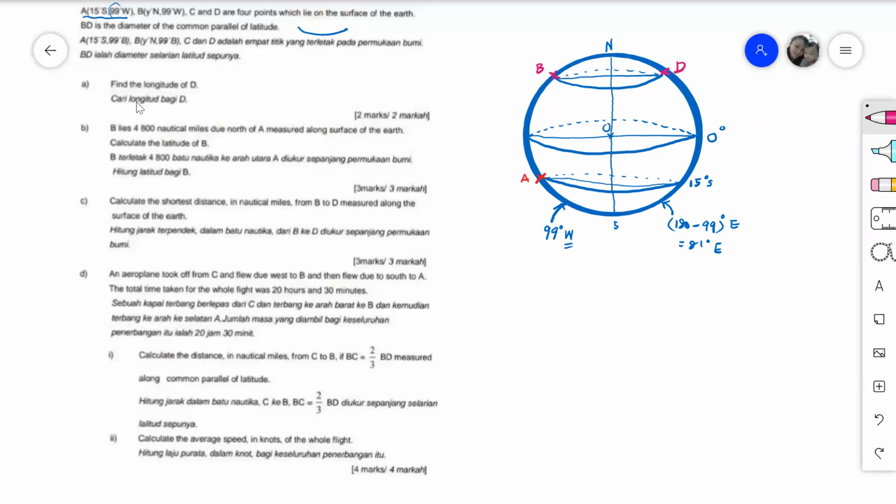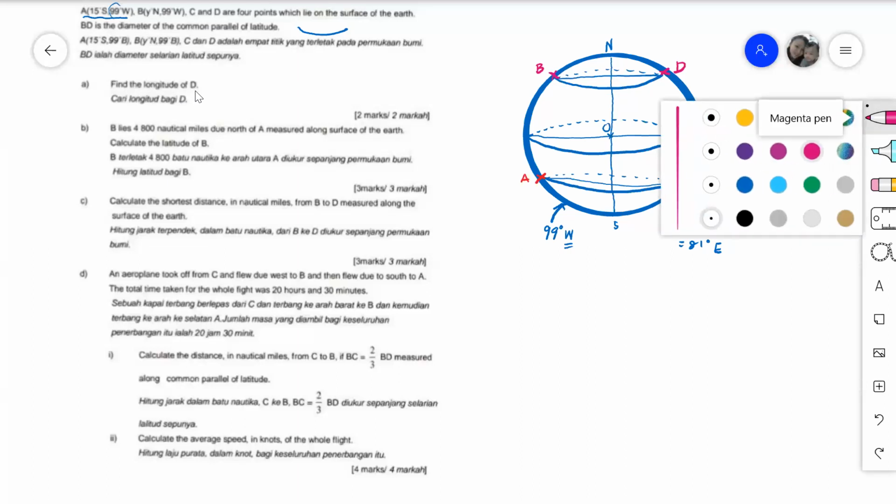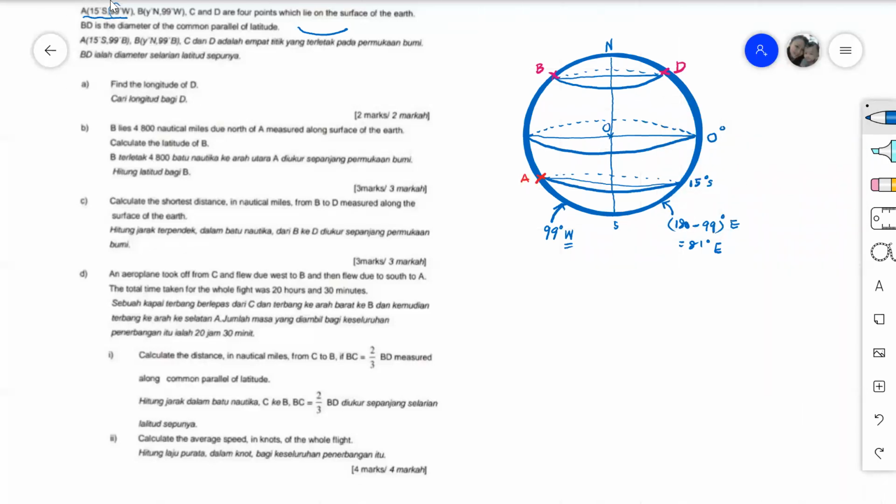So now we need to find the longitude of D, isn't it? D is located here. D is located on this side, which we have just found the longitude on this side, is 81 degree east. So we have found it right away. 81 degree east. So this is a formula.